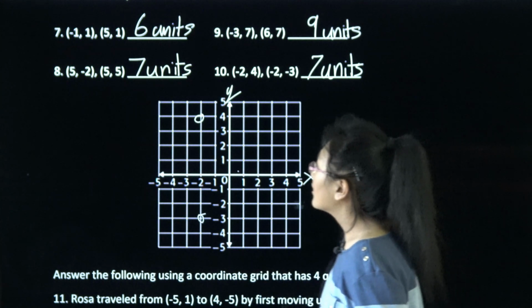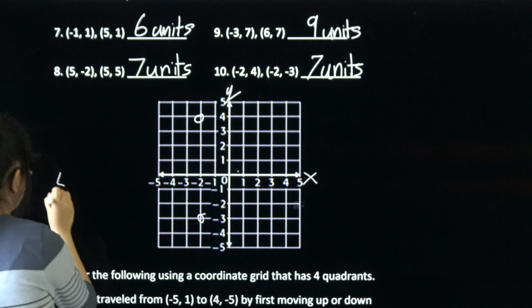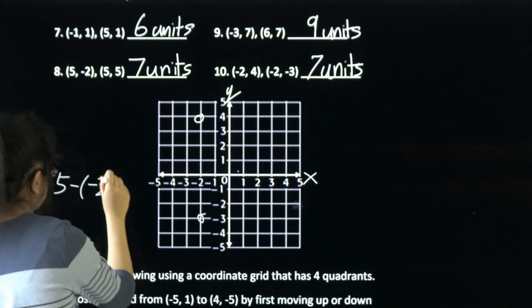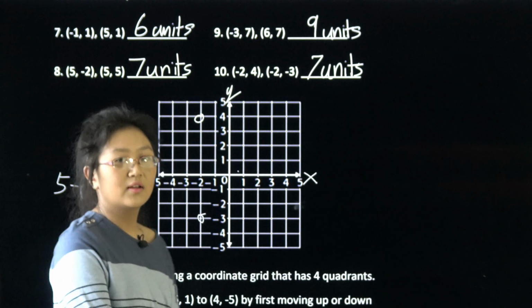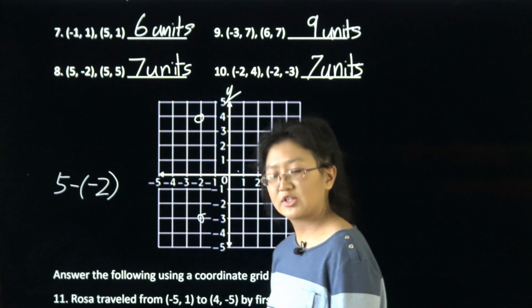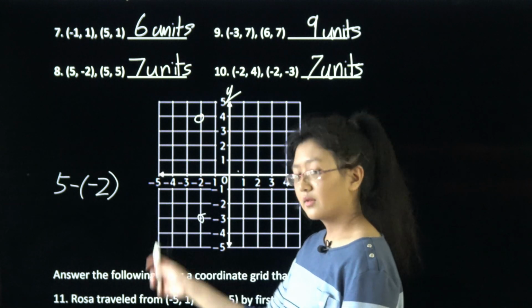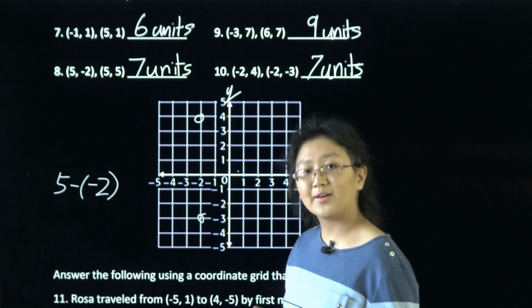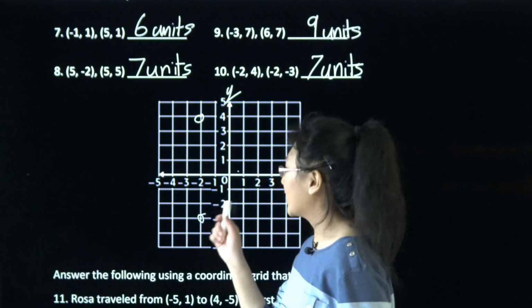Of course, there's the easier way, which would just be 5 minus negative 2. But we haven't learned the addition and subtraction of integers, as we call this. Integers are negative or positive whole numbers. We're not going to use that way.